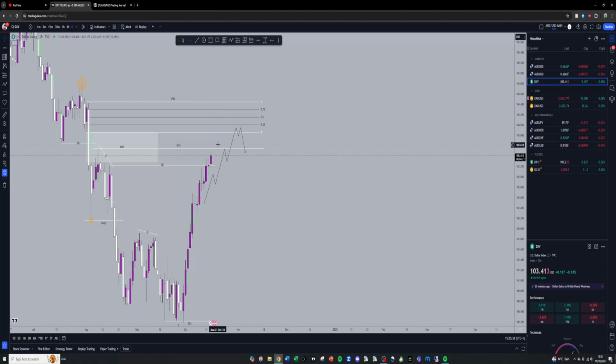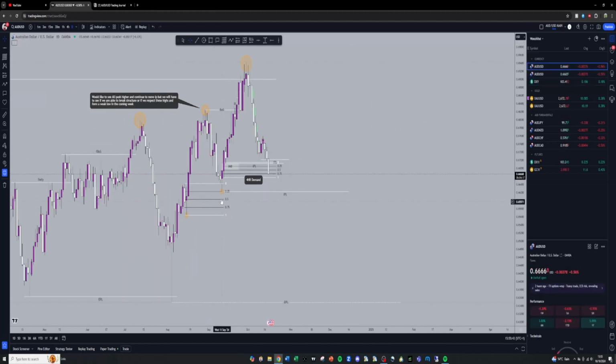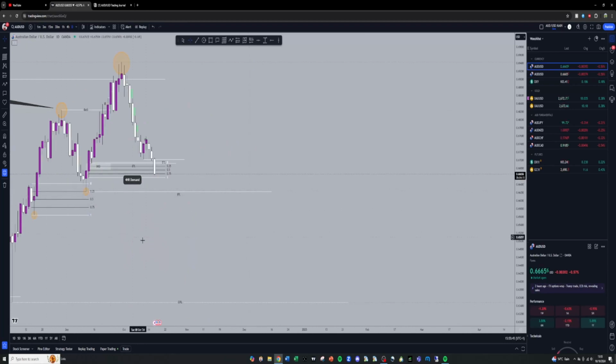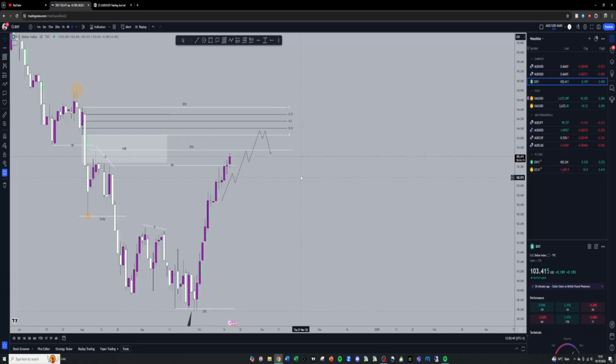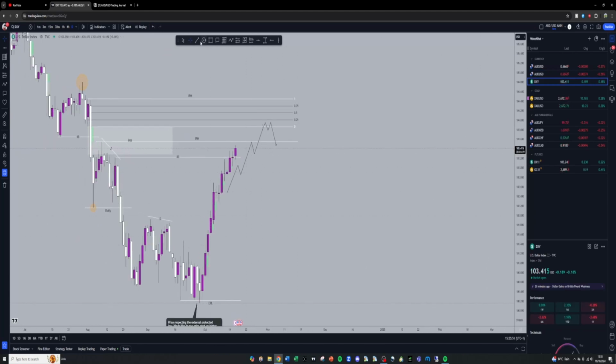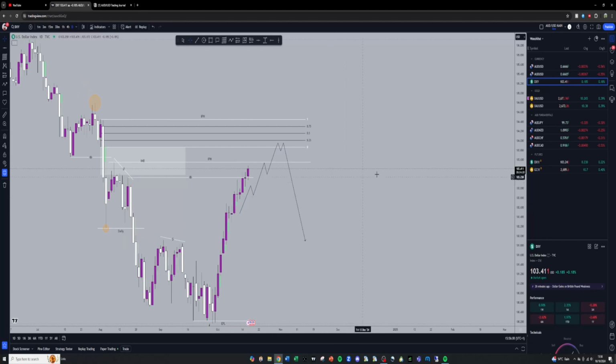I'm expecting us to continue up, AU to continue down, which is likely going to lead us into this daily demand zone, and then I think we'll possibly have some form of corrective leg where we react and come down, fill some of this large bullish leg with a retracement / correction.